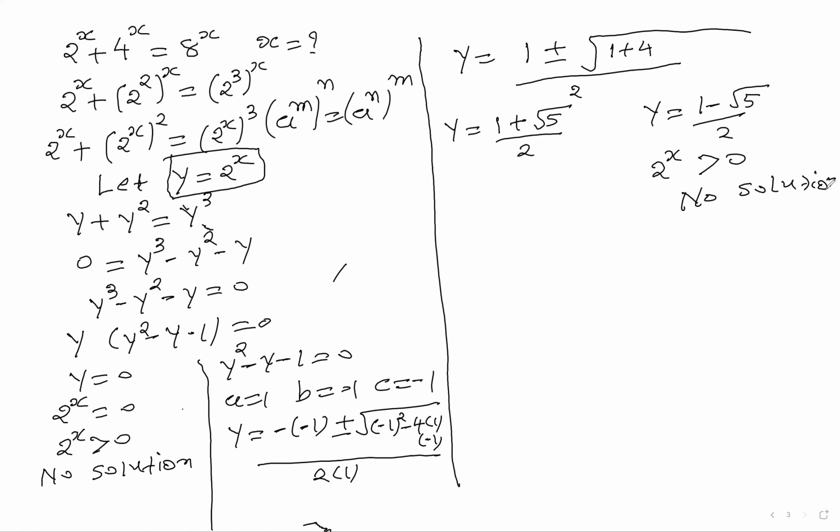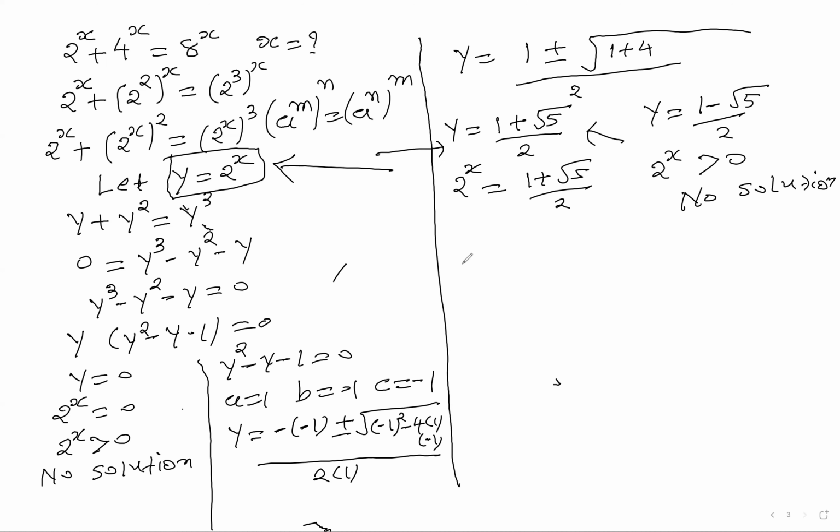So now the only option we'll be working on is when y equal to 1 plus root 5 upon 2. So now I'll replace my y value, which is 2 power x, in this equation. So 2 power x is going to be equal to 1 plus root 5 over 2. Now I'll try to take log on both the sides.